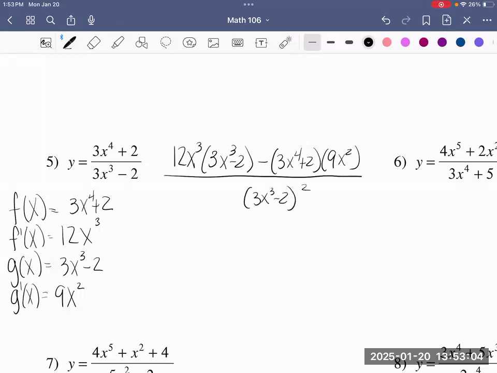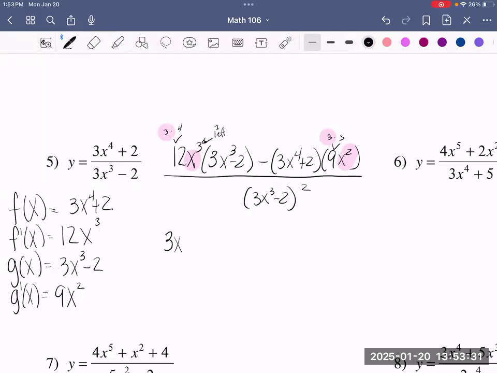Now, when we go to simplify, we might want to see first, okay, what can we take out? We could take out 2 x's, leaving behind one of these x's. We could also take out a 3. So let's see, we could take out a 3, an x, and that is about it right now. So let's see how that helps us.